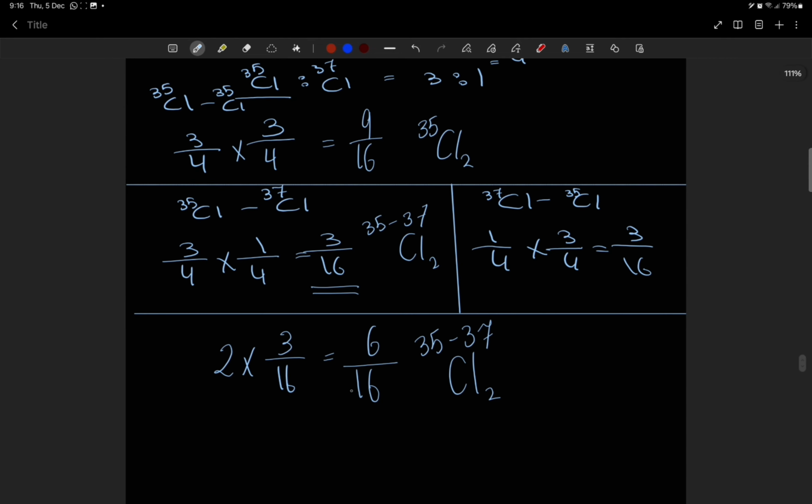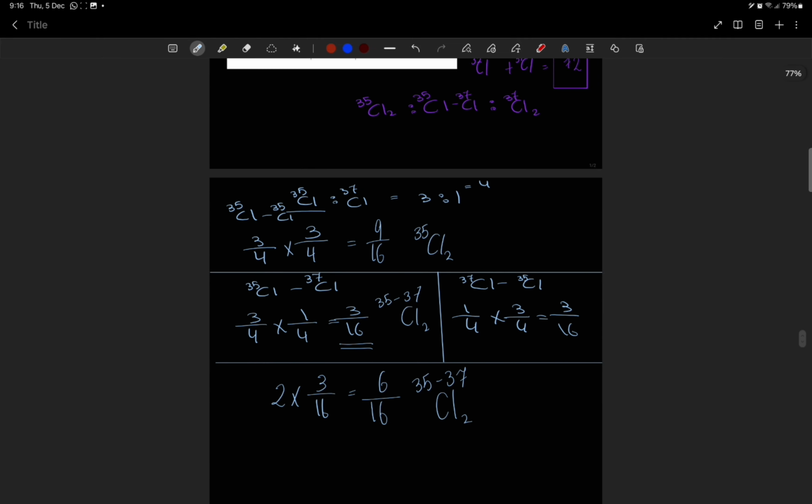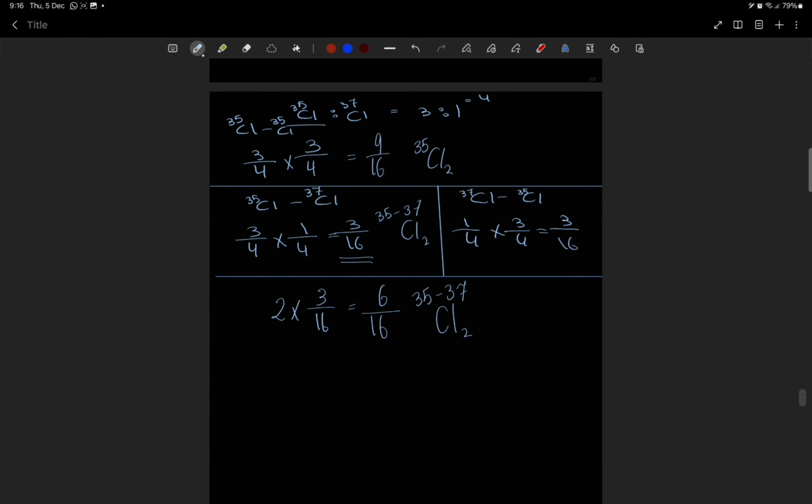When I say 6 out of 16, I'm getting the chances of forming a molecule of 35 and 37 in both combinations that are possible for these two isotopes together. Either it's 35 bonded to 37 or 37 bonded to 35. It doesn't make a difference, Yasin. The book says it makes a difference, so apparently it does.